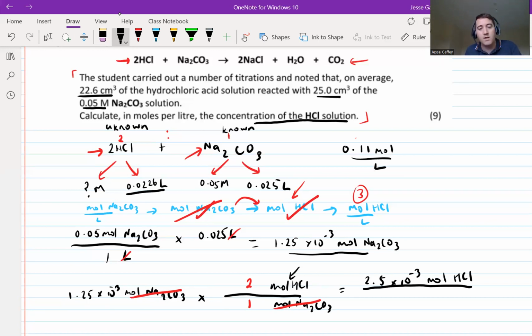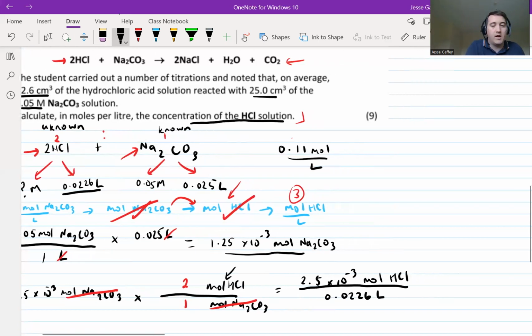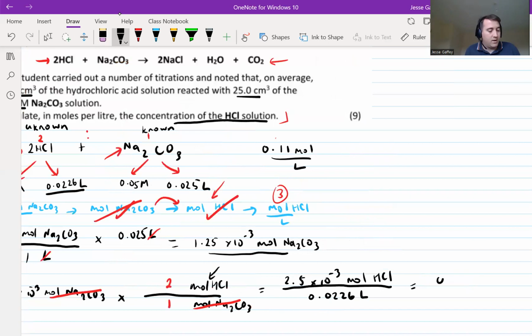This was the volume, 0.0226 liters. So I'm going to go ahead and put that there, divide that by 0.0226 liters. And the answer I'm getting is 0.11. So equals 0.11 molar HCl.